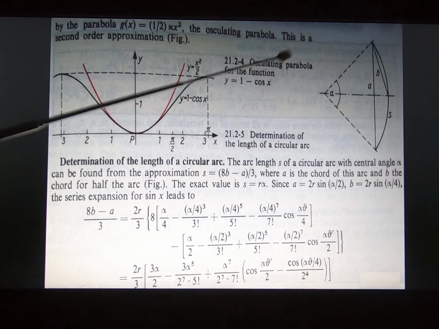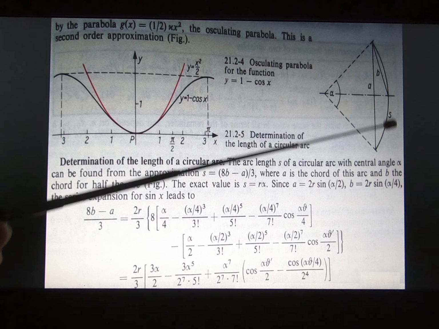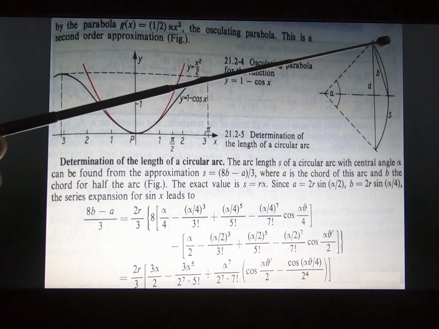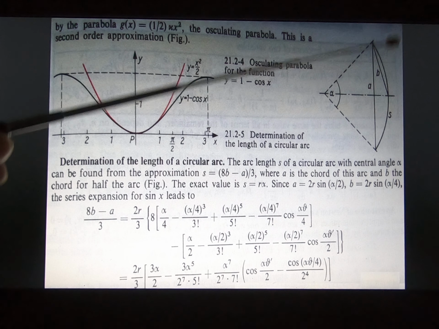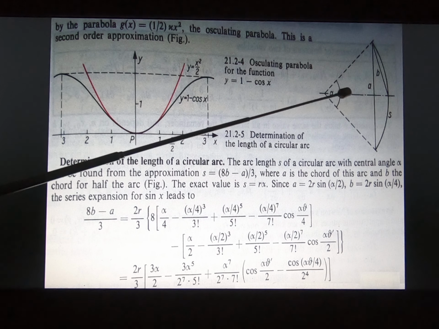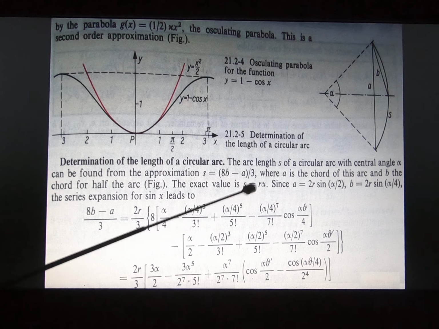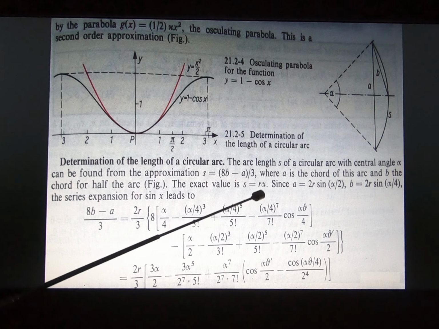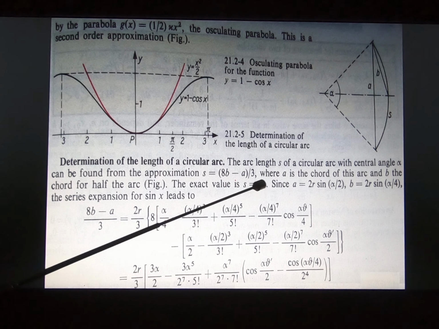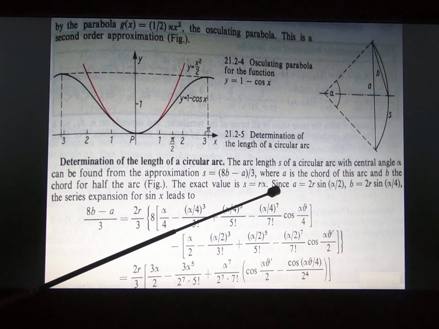Another example is the arc of the angle alpha. So S is actually equal to R, the radius, multiplied by the angle.